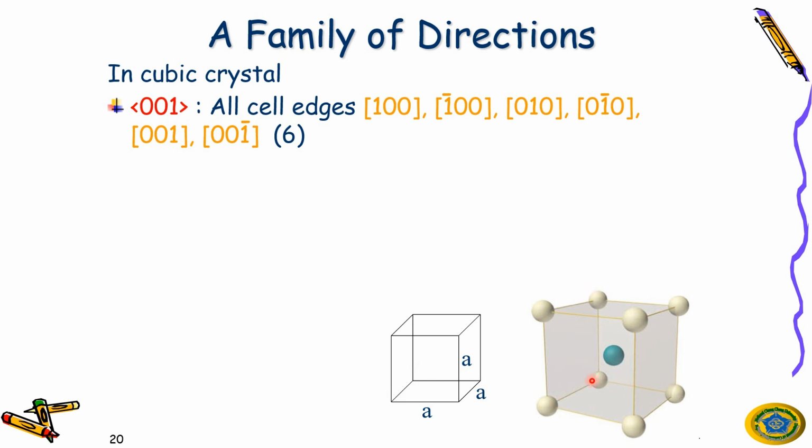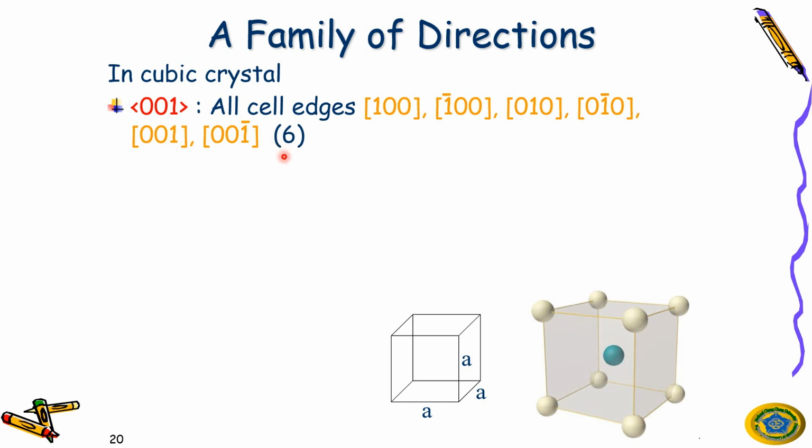Or they are all positive. How about negative? 4, 5, 6, right? So there are 6 members in the family in the angle bracket 0 0 1 angle bracket. 6 members.